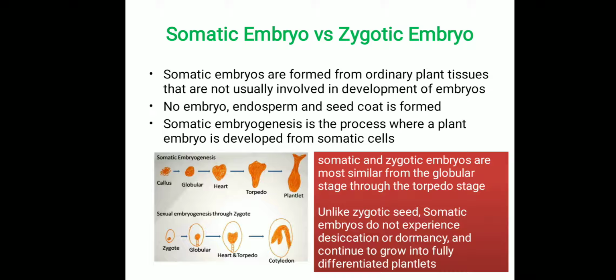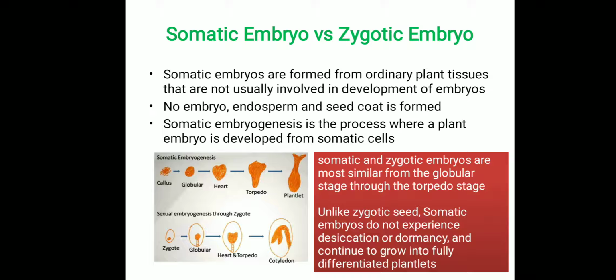The following picture shows the difference between somatic embryogenesis and zygotic embryo. In somatic embryogenesis, callus is formed. From the callus, globular cells are formed. From there, heart-shaped cells are formed and further differentiate to torpedo-like cells. Then it matures into a miniature bipolar plantlet.